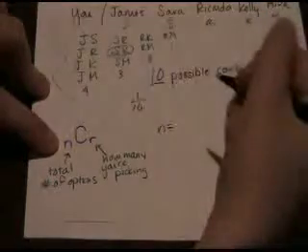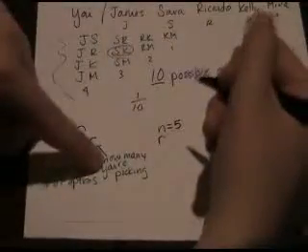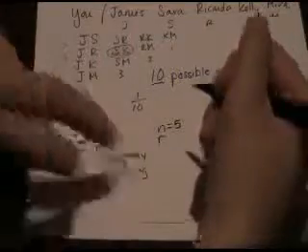Okay, so let's just make sure this works with what we already know is correct. So, for our example, our n was how many options we had? Well, we had 5 of our friends to choose from. And we got to pick 2 of them to come with us. So r equals 2.